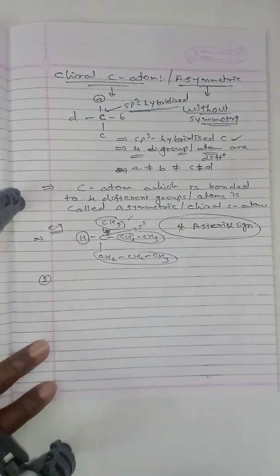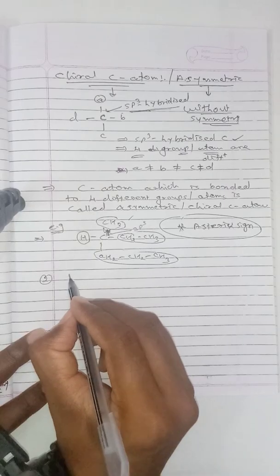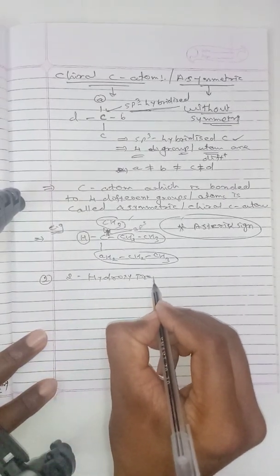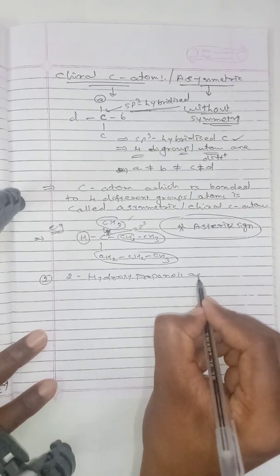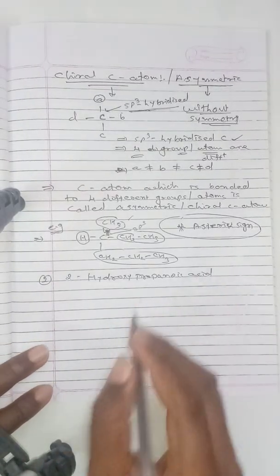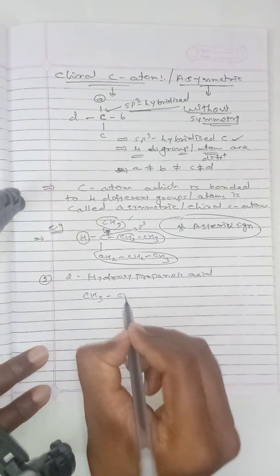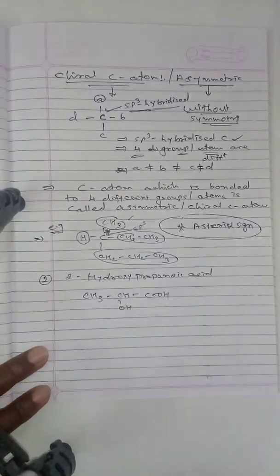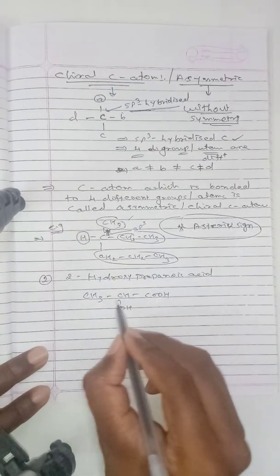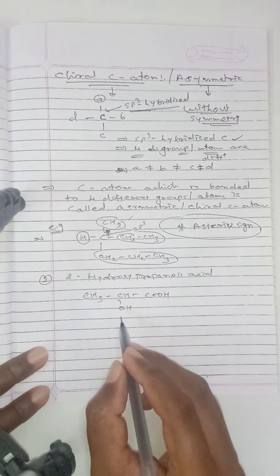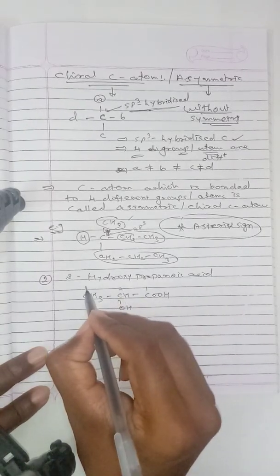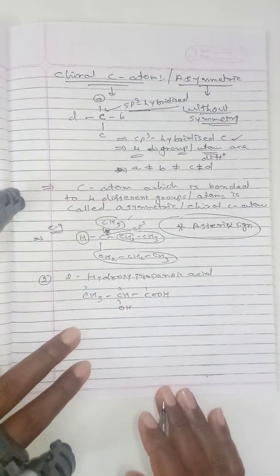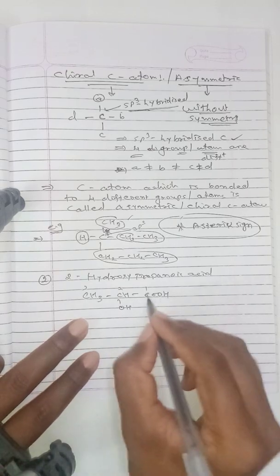Another example, 2-hydroxy propanoic acid, CH3CH(OH)COOH. In this molecule we have three carbons: number 1, number 2, and number 3. Which carbon is a chiral carbon atom? Let's see one by one.